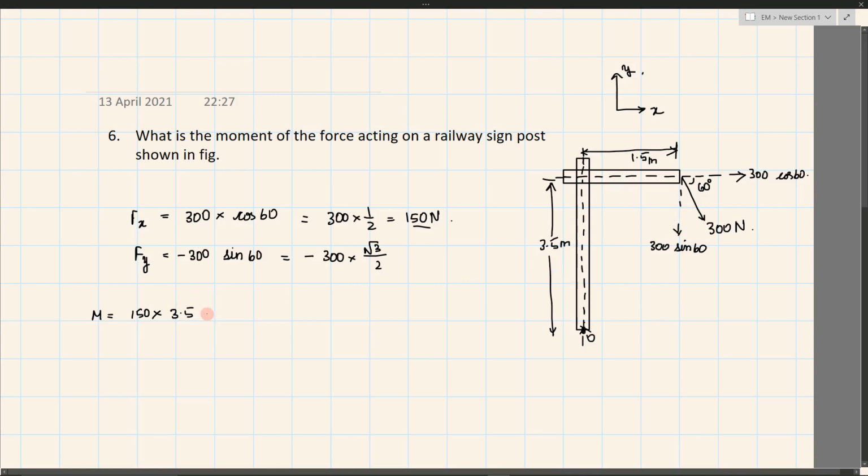So we'll have plus 300 into root 3 by 2 into the perpendicular distance, which is 1.5. Upon simplification we'll have 525 plus 389.7, that is nothing but 914.7 Newton meter. So this is the moment about O.